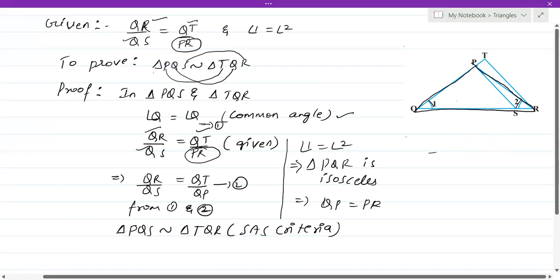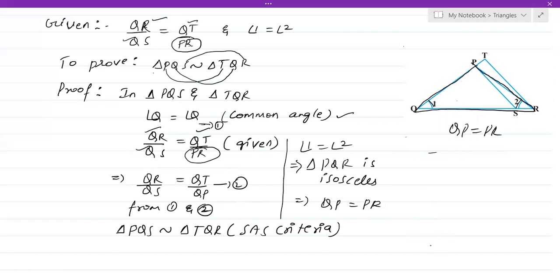If two angles are equal, then it's an isosceles triangle. Therefore, the opposite sides, angle 1's opposite side is PR, angle 2's opposite side is QP. Therefore, QP will become equal to PR. So take out the PR in the given thing and replace it by QP. So one angle is equal and the sides containing the angle are in proportion. Therefore, the two triangles are similar using SAS criteria. Let's get into the next question.